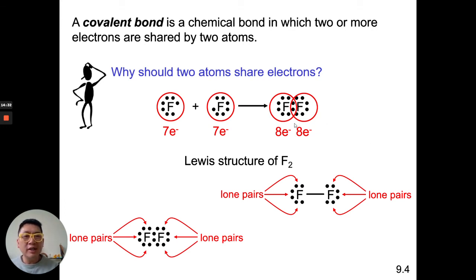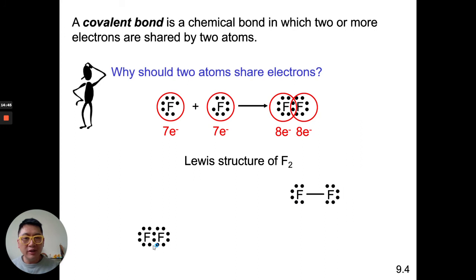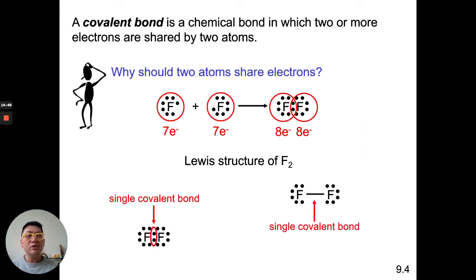They're always called lone pairs, never lone singles. So lone pairs are always going to be 2s. A lone pair there, a lone pair there, a lone pair there. The shared pair of electrons is called a single covalent bond.